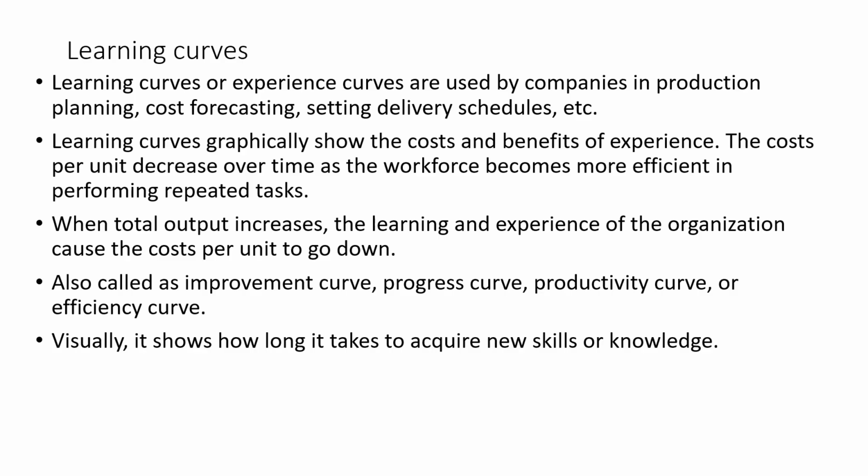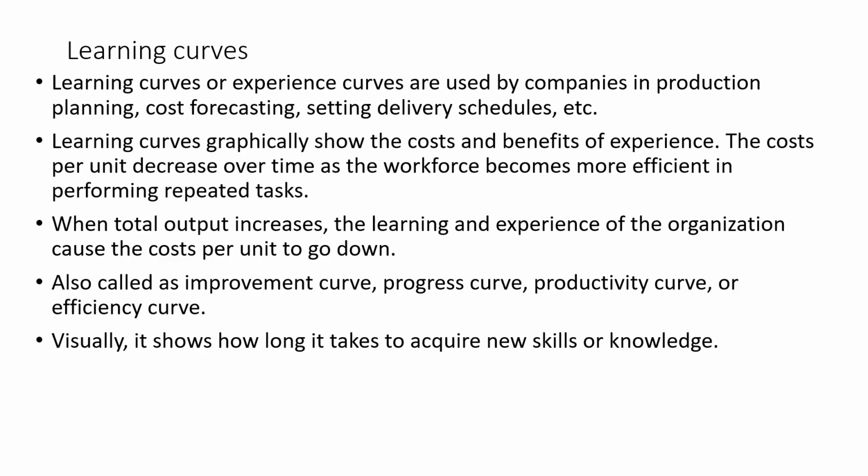So learning curves are used to find out the efficiency of production in assembly line production, where the workers are doing repeated tasks. So here mechanization is very little or zero. Mechanization means machines. Usage of machines is very little or it is zero.